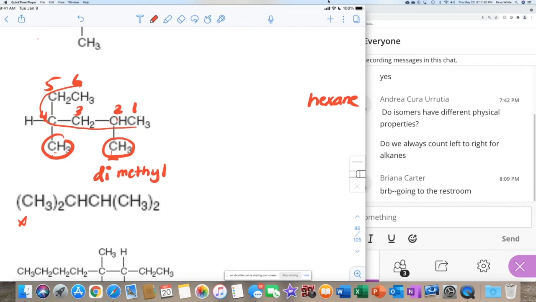The first one I run into is on carbon 2. So 2, comma. The second one's on carbon 4. 4 dash. Oh, okay. So I'm going to move this over here. 2, comma, 4 dash dimethyl hexane. How are we doing, guys?